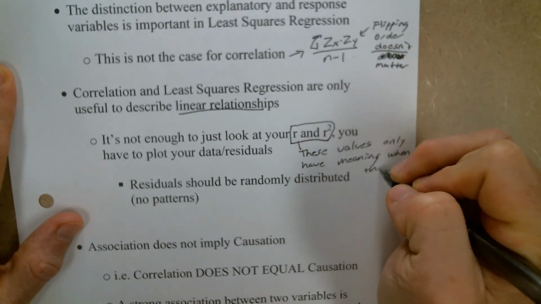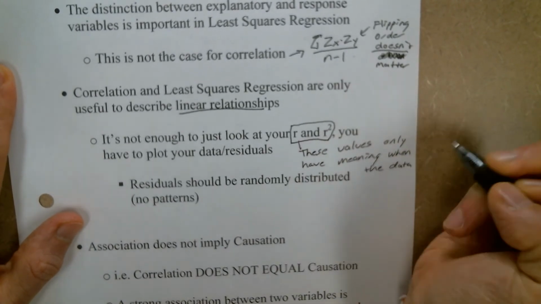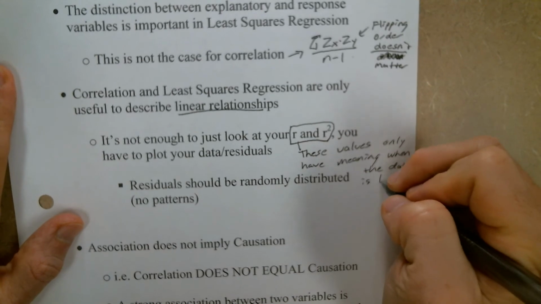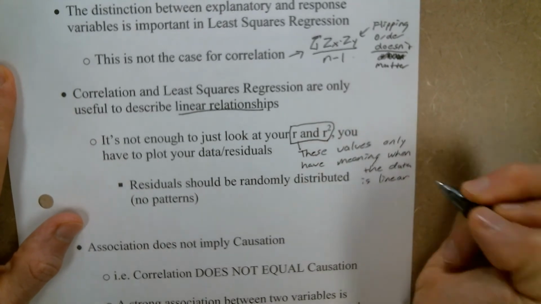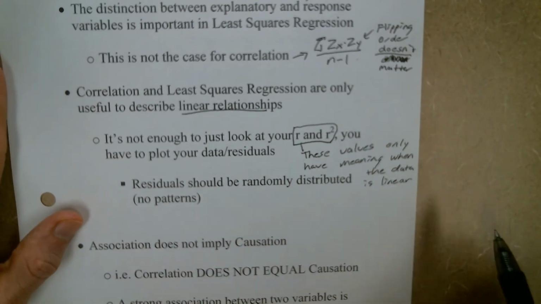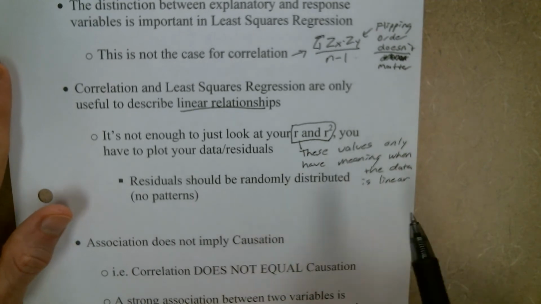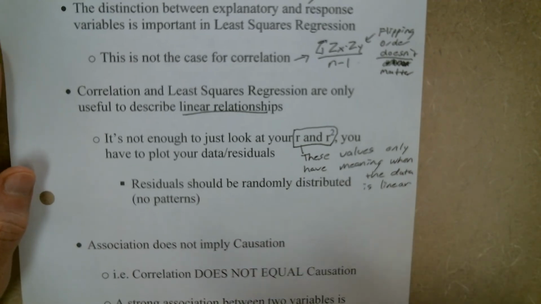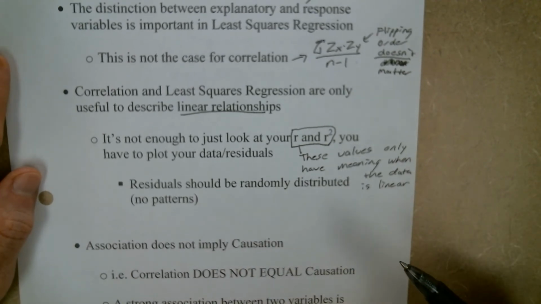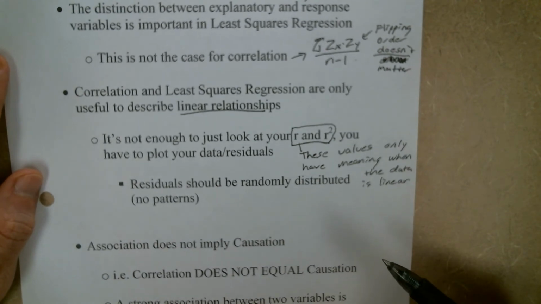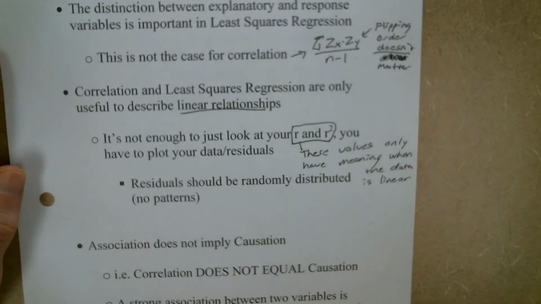You can calculate them no matter what, but they only mean something when the data is linear. So it's not enough just to look at these values and say, oh, we're good to go. You have to look at the scatter plots and the residual plots to make sure that you're dealing with linear data.